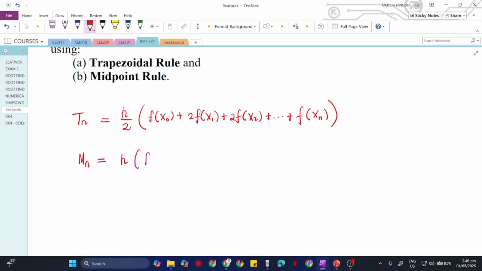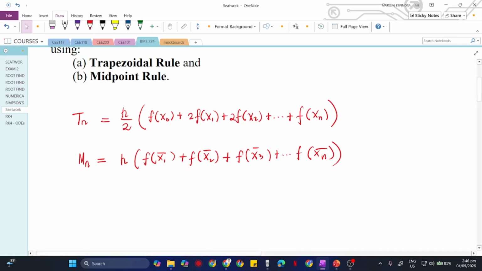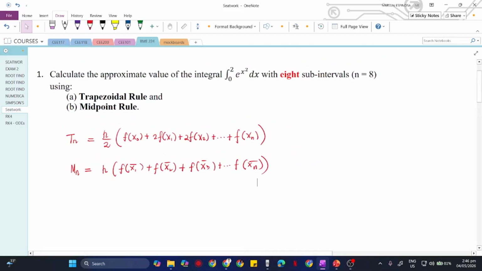H, tapos midpoint 1 plus f of x sub 2, x bar sub 2, midpoint 2, f of x sub 3 bar, and then so on and so forth until f of x sub n bar. Okay. So, gamitin natin yung mga formula na to to solve for the problem.